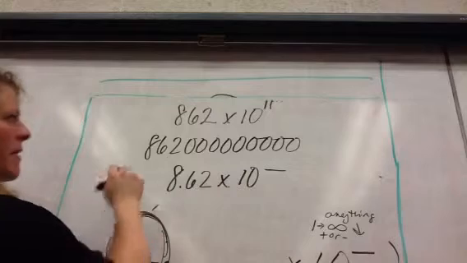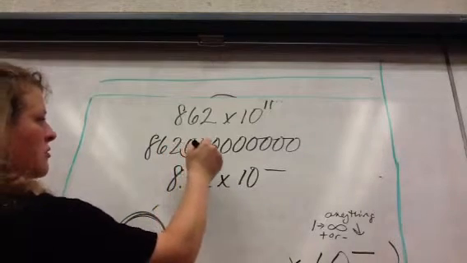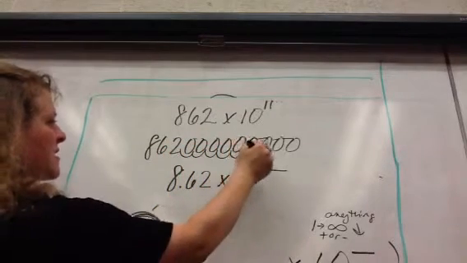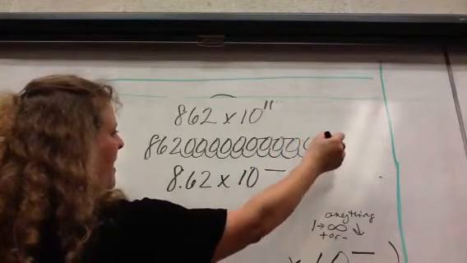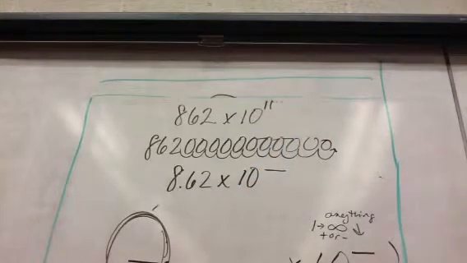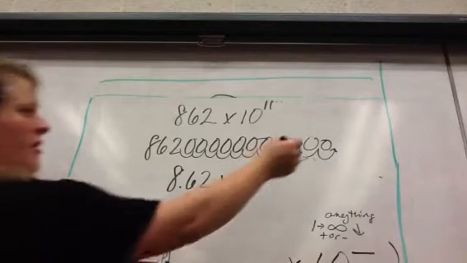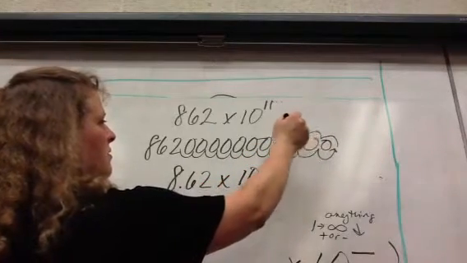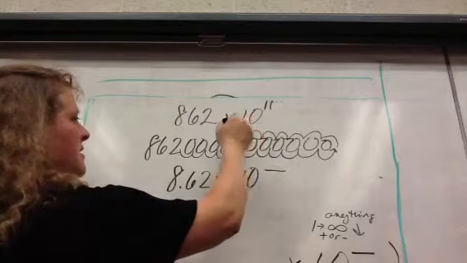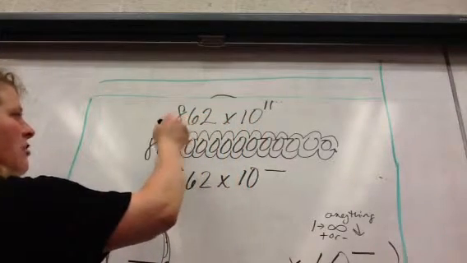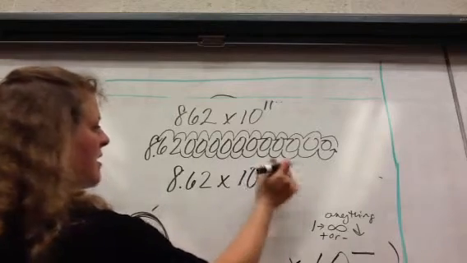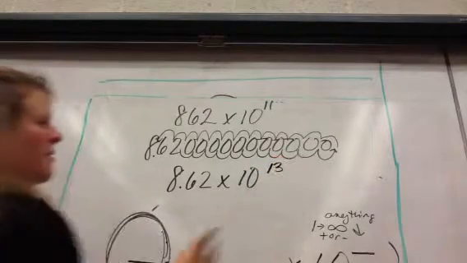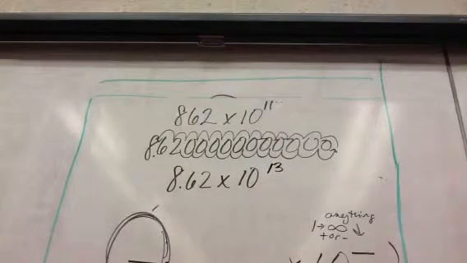So we're dealing with some number like that. 1, 2, 3, 4, 5, 6, 7, 8, 9, 10, 11. So that's the number we're actually dealing with. 1, 2, 3, 4, 5, 6, 7, 8, 9, 10, 11, 12, 13. So this is 8.62 times 10 to the 13th. Okay?